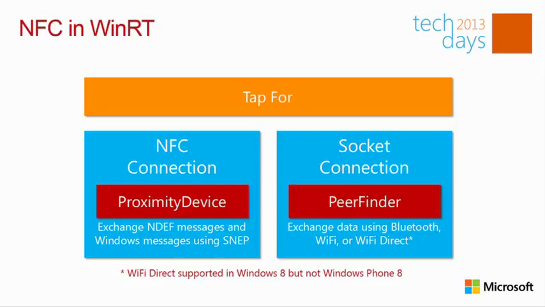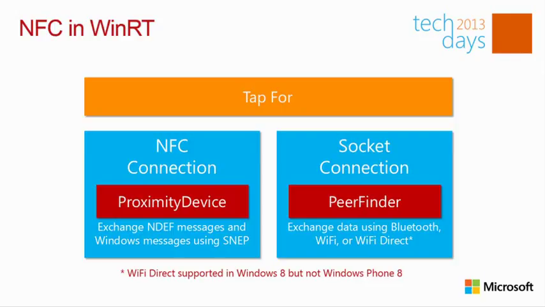There's another class named PeerFinder that also plays a role in this. Now, PeerFinder ostensibly is how you, in a Windows 8 or Windows Phone 8 device, make contact with other Bluetooth devices. But there is some NFC intelligence built into it as well. If I want to be able to tap two devices together, connect them via NFC, and negotiate a socket connection over Bluetooth, Wi-Fi, or some other mechanism, the PeerFinder class makes it easy to do that.